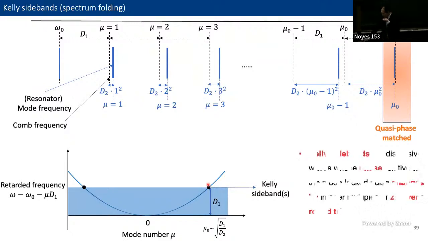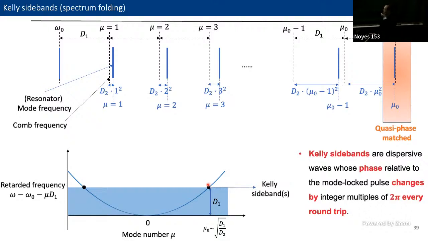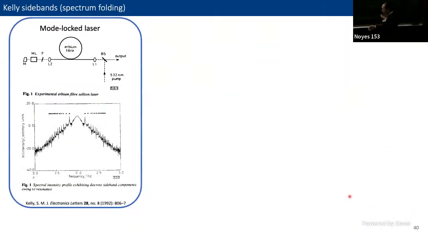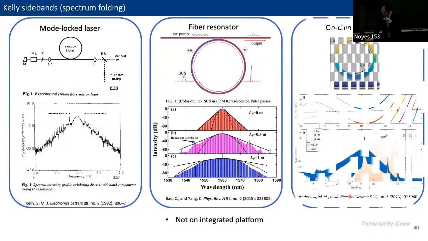One other special property of the Kelly sideband is that the mode number between the comb and the mode is off by 1 in this specific case, which means that the phase of the Kelly sideband is off by an integral multiple of 2 pi from the mode-locked comb that you are emitting here. So this phase mismatch needs to be compensated in order to generate this kind of Kelly sideband, which is another reason why it wasn't really observed before.